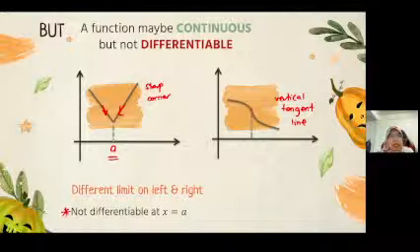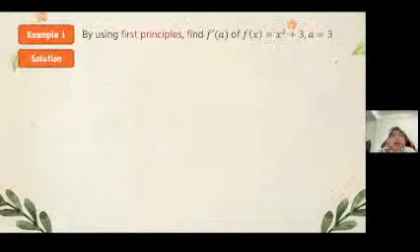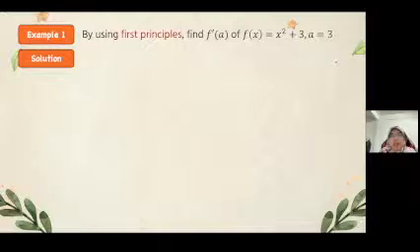Okay, next. Right, so now by using the first principle, find f prime of a for f(x) equal to x squared plus 3, where a is equal to 3. So we have a specific point. So you need to use the formula with x approaching a. Because we have a specific value of a, we need to use the limit for x approaching a.